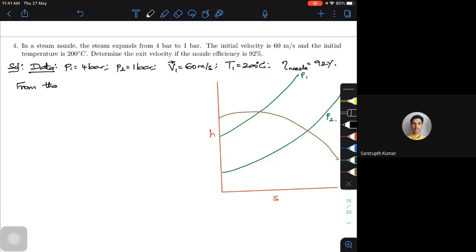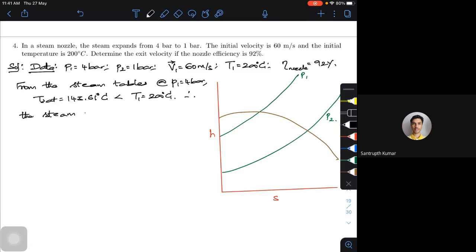From the steam tables, at P1 equal to 4 bar, the saturation temperature I am getting is around 143.61 degrees, which is less than T1, which is 200 degrees Celsius. Therefore, the steam is superheated.